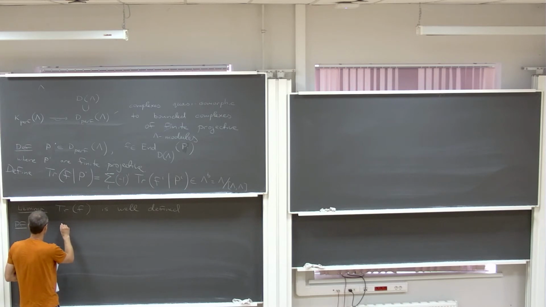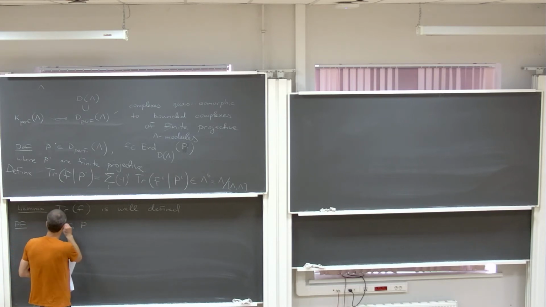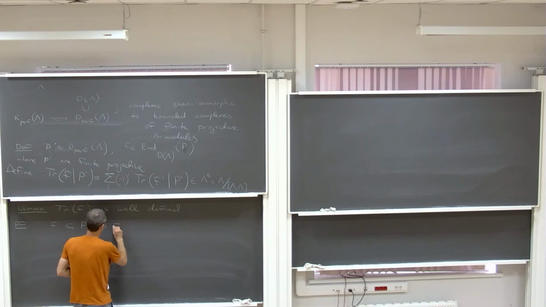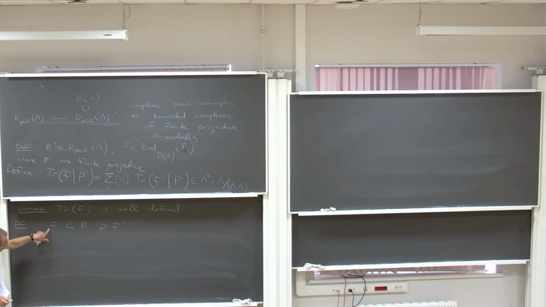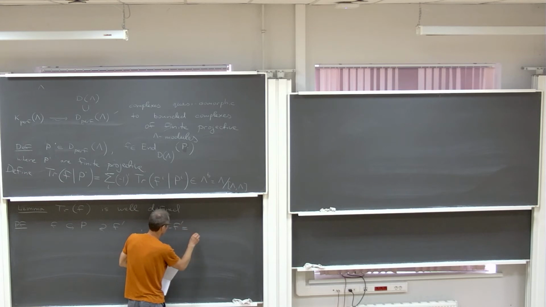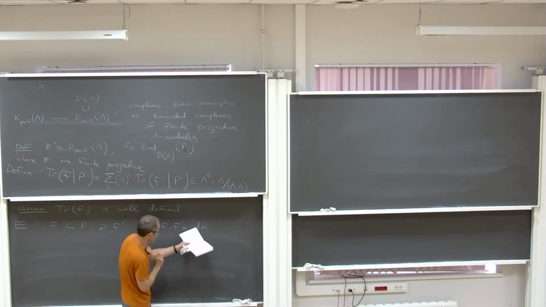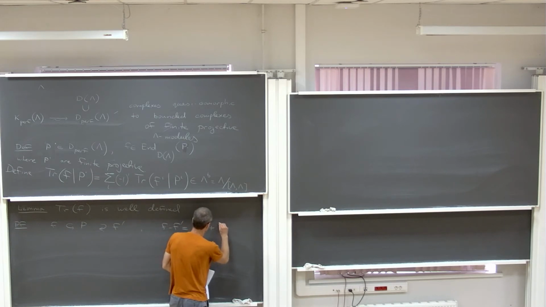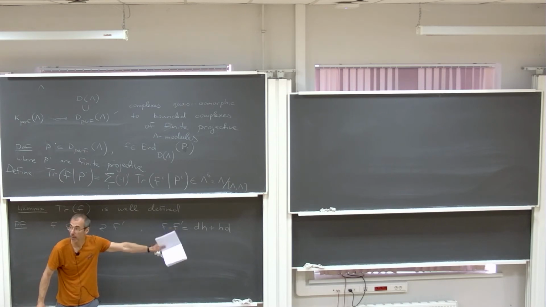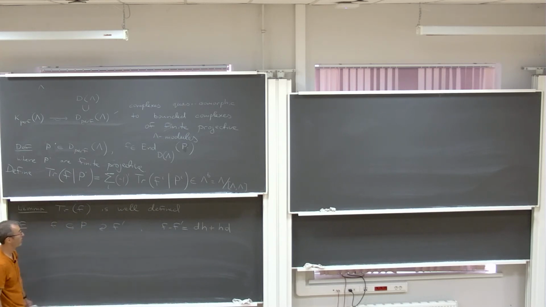Suppose I have F, an endomorphism of P dot, and I also have F prime. And suppose that they're chain homotopy equivalent, meaning that F minus F prime is the graded commutator of D and H. So that's what it means that they're chain homotopy equivalent, right?